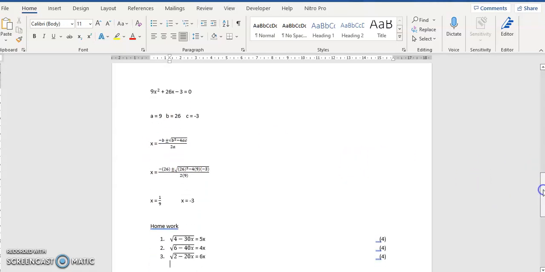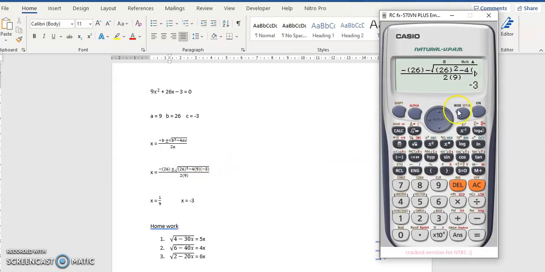Now if I press this on the calculator, let's press together. When you are pressing, be careful.